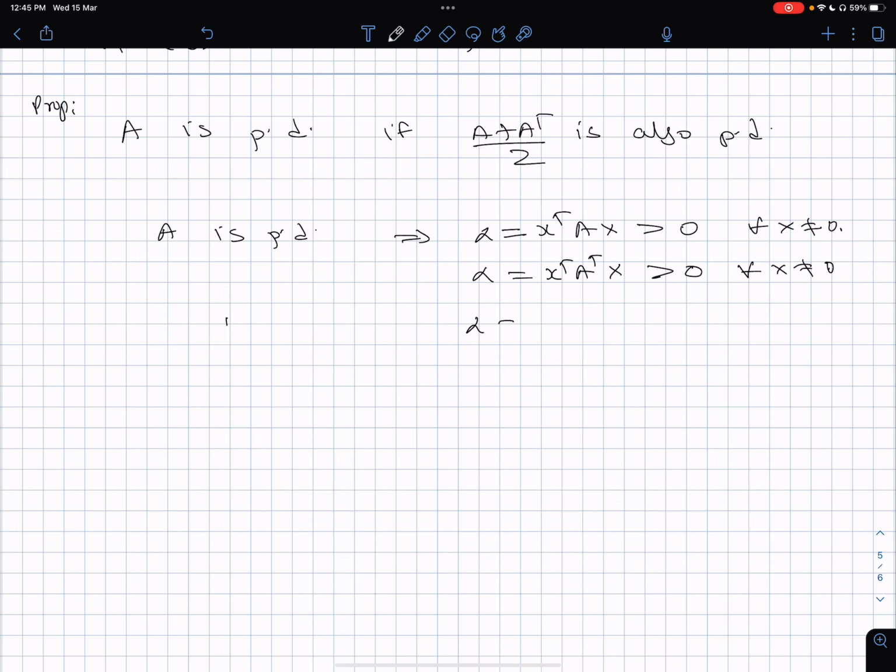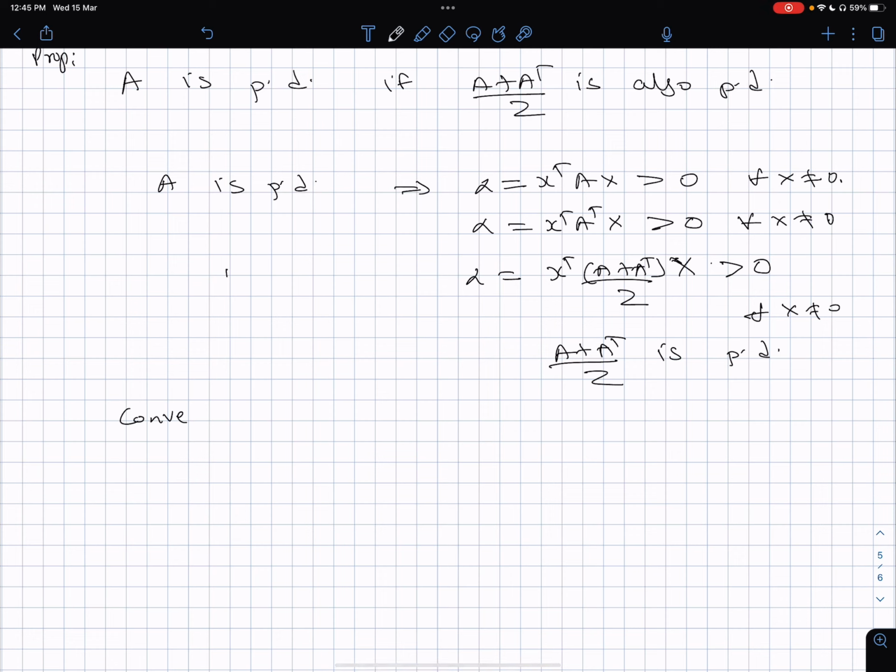Now I add and take the average, so alpha is also equal to x transpose (A plus A transpose) by 2 times x, but alpha is greater than 0 for all x not equal to 0. So the conclusion is that (A plus A transpose) by 2 is positive definite.